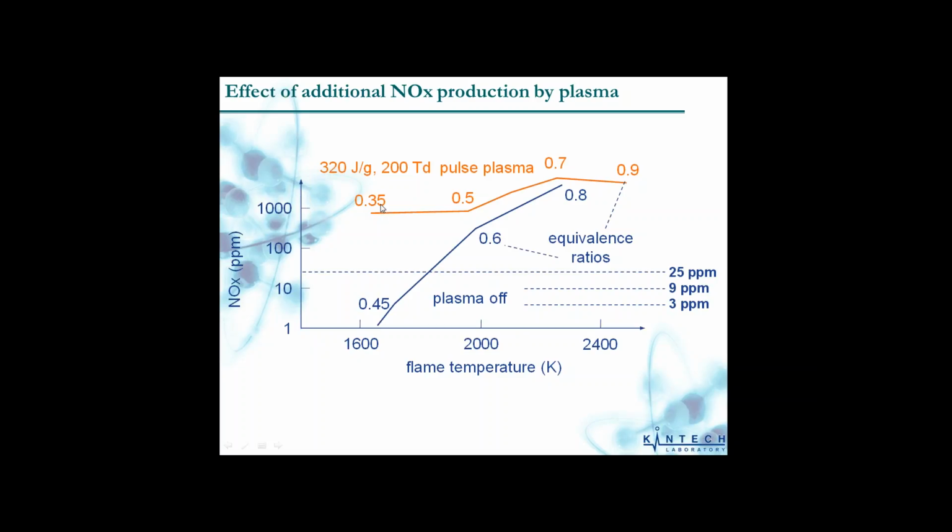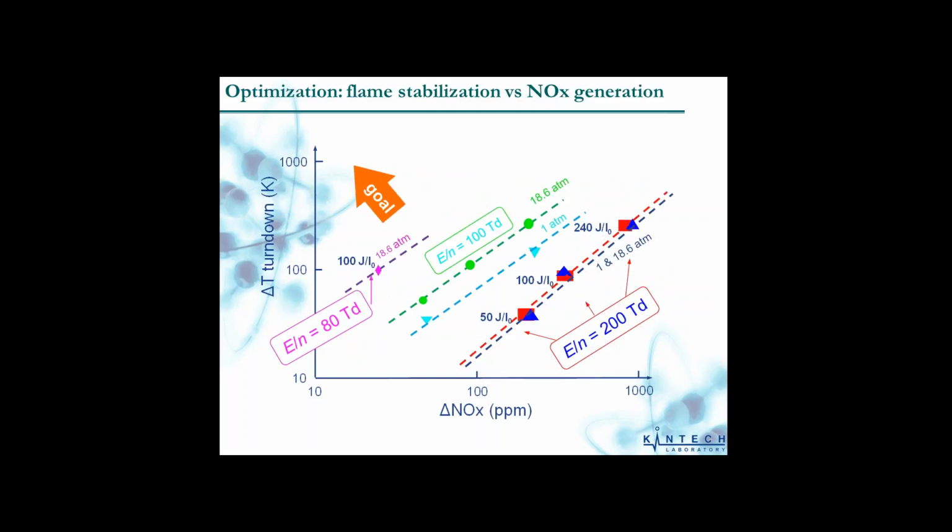But in the lean condition, unfortunately, plasma, due to its non-equilibrium character, generates a lot of NOx, because the electric field strength is so huge that it provides not only formation of oxygen atoms and accelerated chemistry, but also formation of nitrogen atoms. And these nitrogen atoms react with oxygen with the formation of NOx. This is bad news.